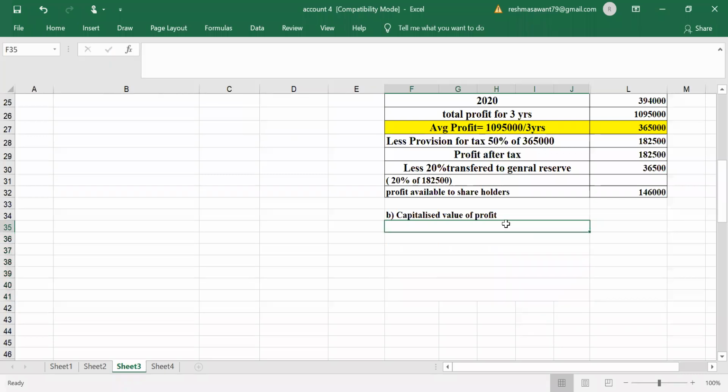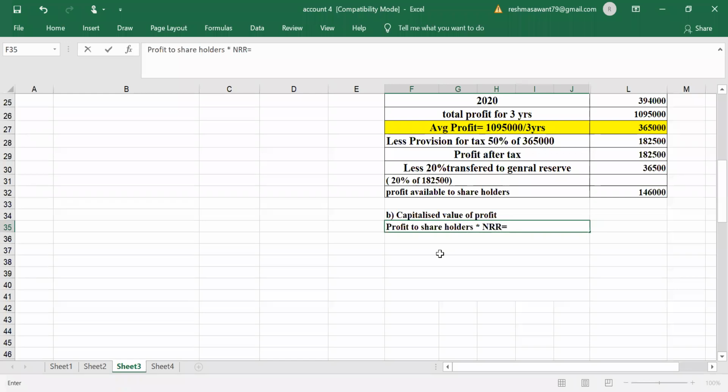Formula: capitalized value of profit equals profit available to shareholders into 100 divided by NRR, that is normal rate of return.